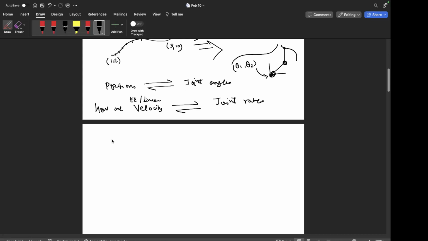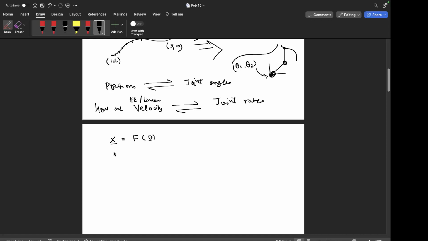Usually the relation between the task space and the joint space we can write as follows: this is the task space vector, this is the joint space vector. Now to find a relation between the velocities, the first step is to formulate a mathematical relation: if we make a small change in theta values, what is the small change in the end effector value?